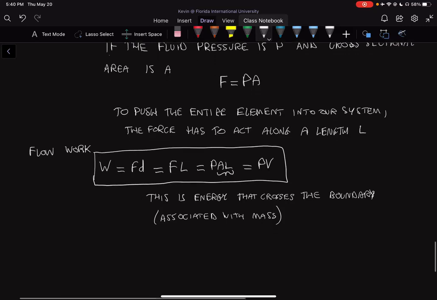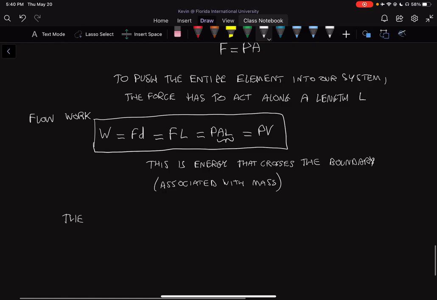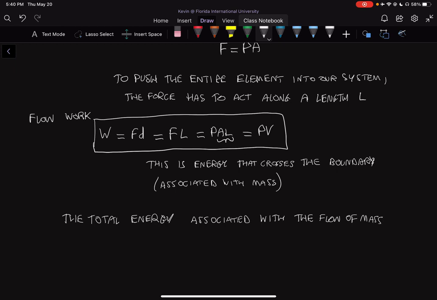So we can write that the total energy associated with the flow of mass is equal to the following. We're going to call this energy theta because it's the energy of mass per unit mass.